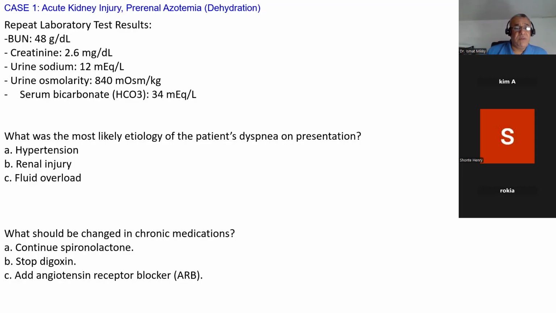So ARBs should not be, which is we will stop digoxin actually here. We need to have the patient's blood pressure controlled, which will avoid the decompensated heart failure for this patient. So decompensation requires that we have to control blood pressure.